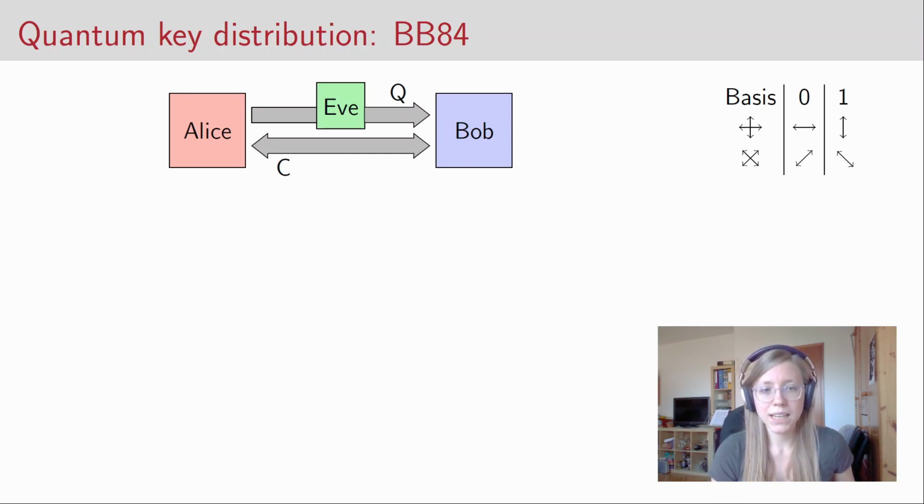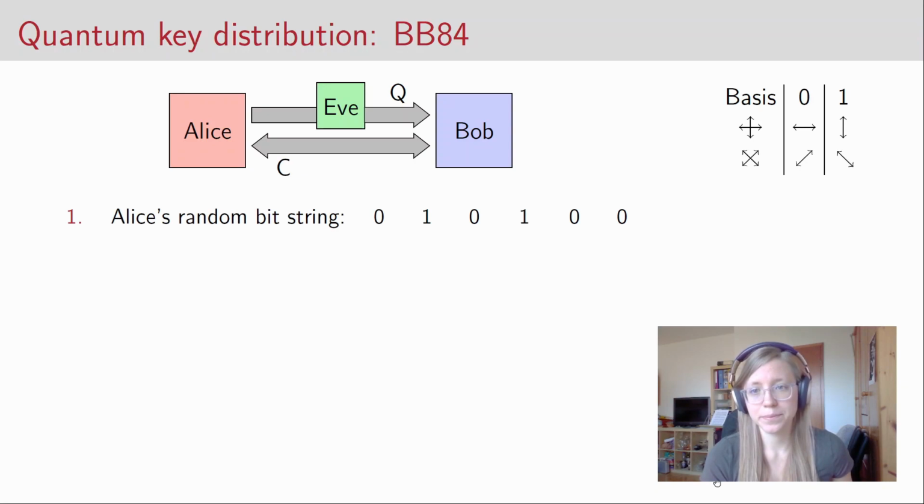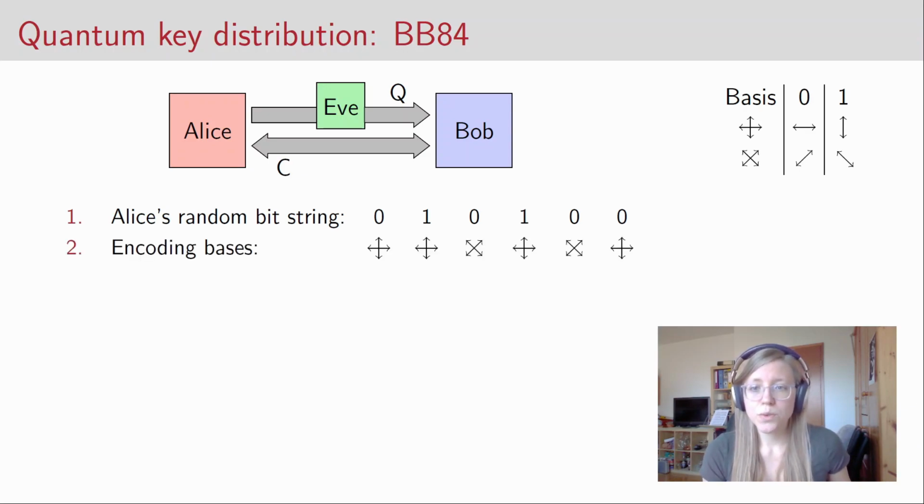Okay, then let's have a look at how the protocol works. So the first part is that Alice chooses a random bit string. Here's an example bit string of 6 bits where she chose 010100. She then randomly chooses an encoding basis for each of the bits.